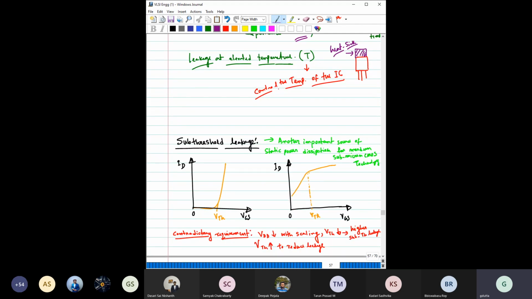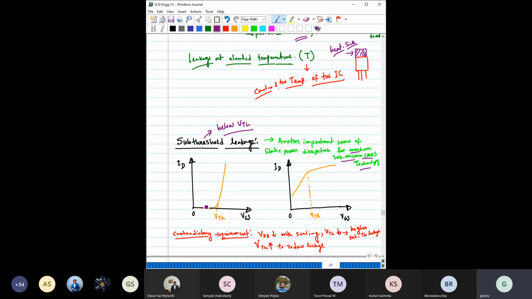Another leakage current which is important, and more important for modern submicron CMOS technology, is the subthreshold leakage. What do I mean by subthreshold? Subthreshold means basically below threshold, right? If you see the ID versus VGS characteristics of any MOSFET, it looks something like this.